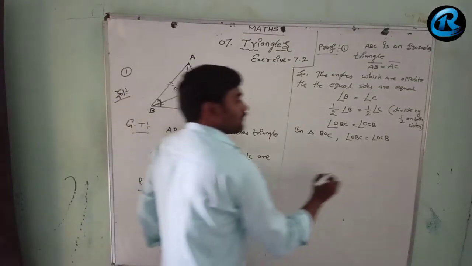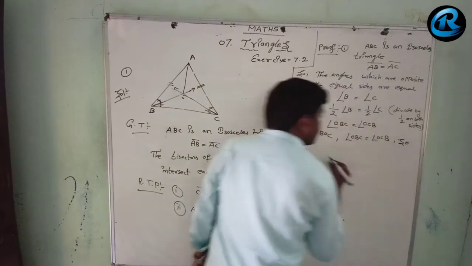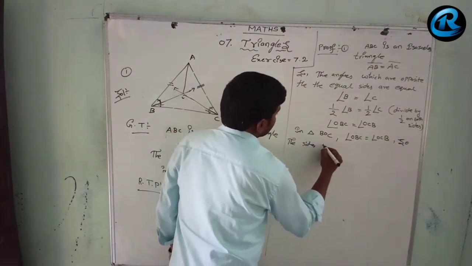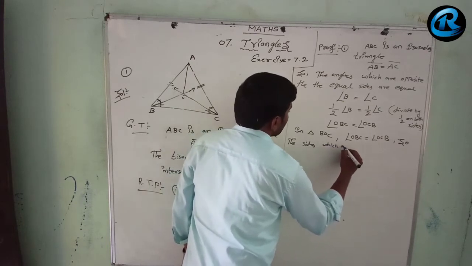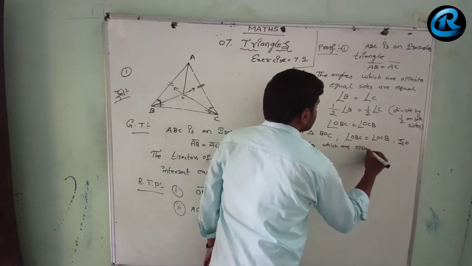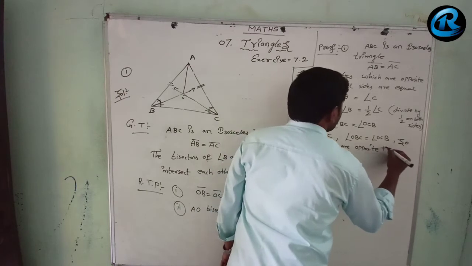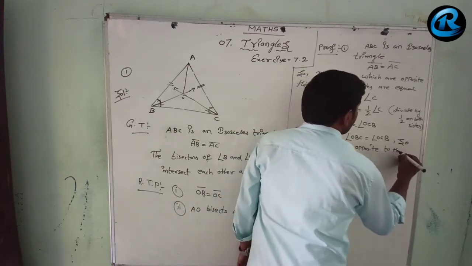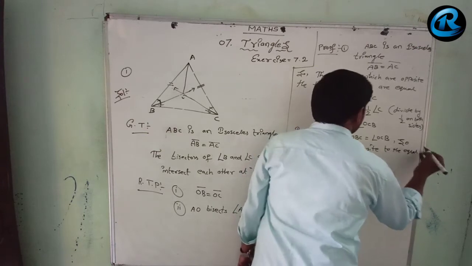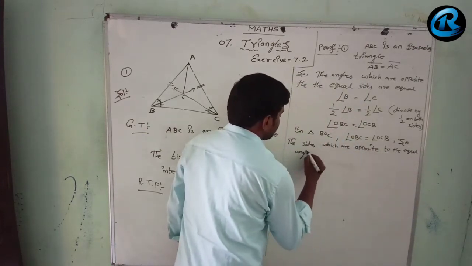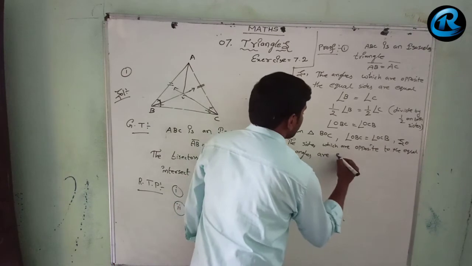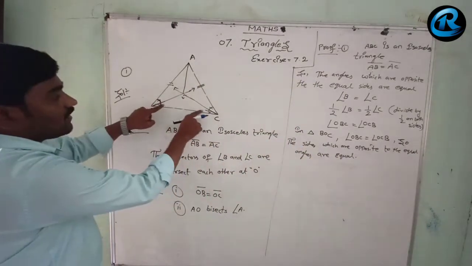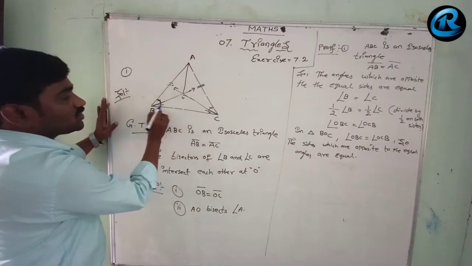So according to the theorem, the sides which are opposite to the equal angles are equal. These two sides which are opposite to these two equal angles are equal.